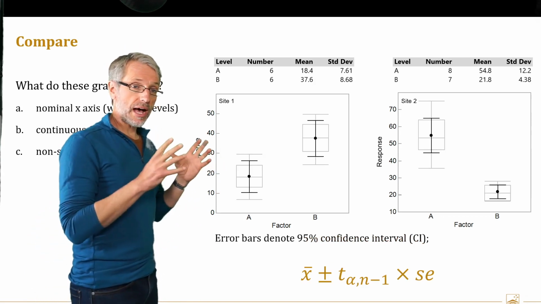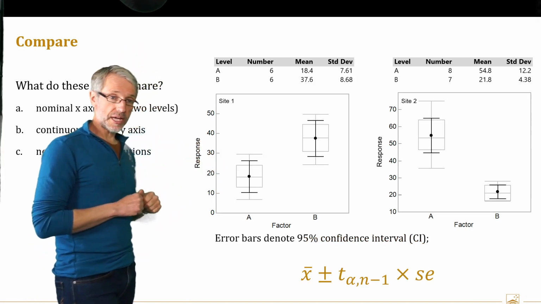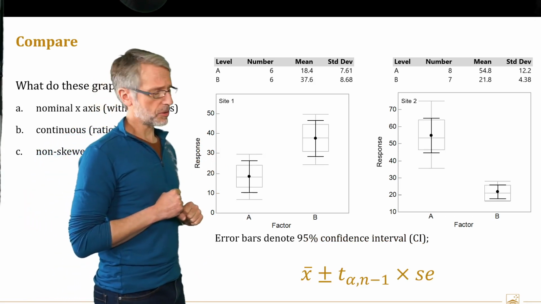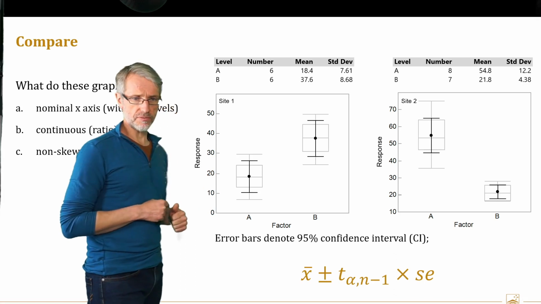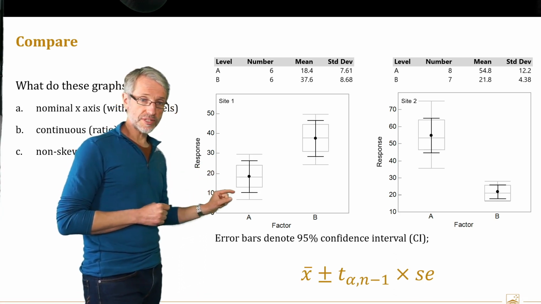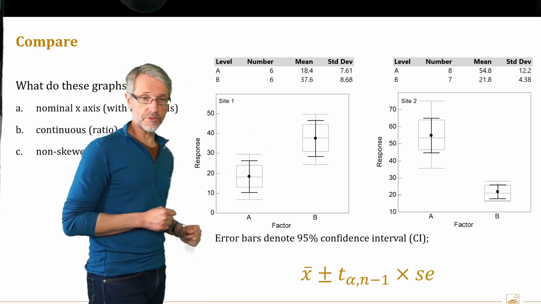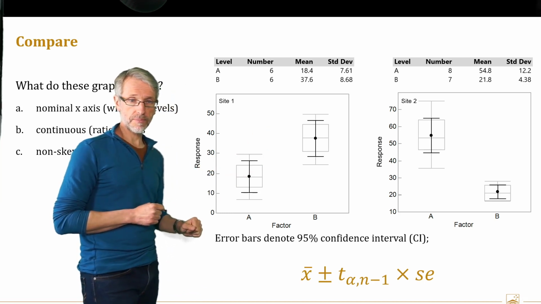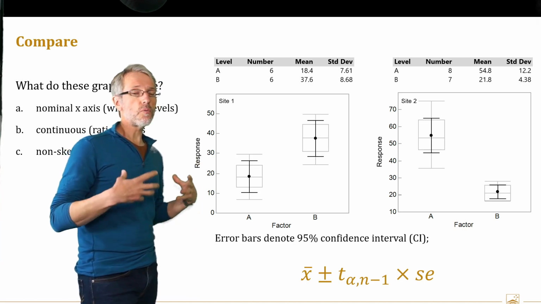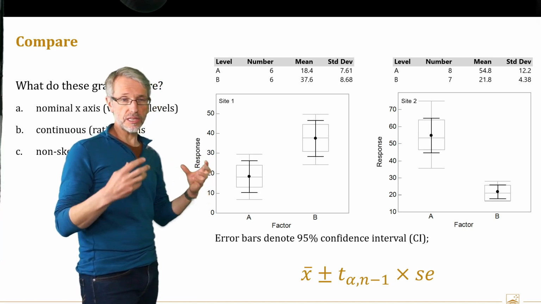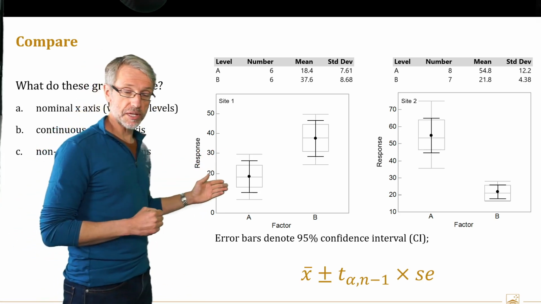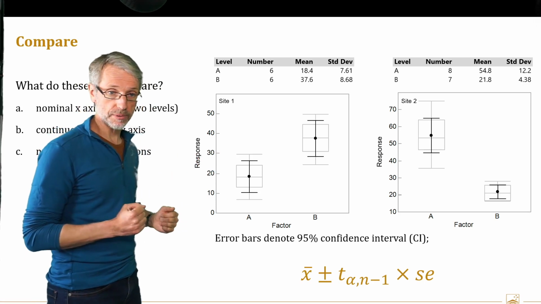Now, there are other ways of representing our data, and one that you'd be familiar with from ENVS 1003 is the confidence interval. And here I've put some confidence intervals over the top of the box and whisker plot. Now, remember that confidence intervals represent a defined level of likelihood of including the population mean from which we have drawn a sample.